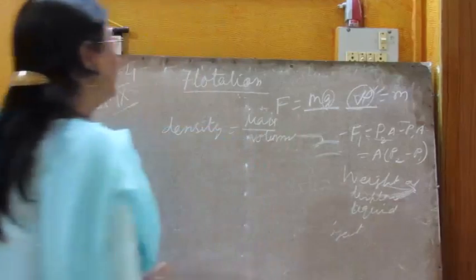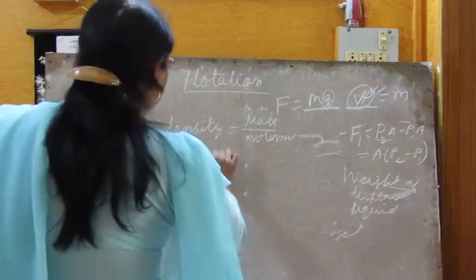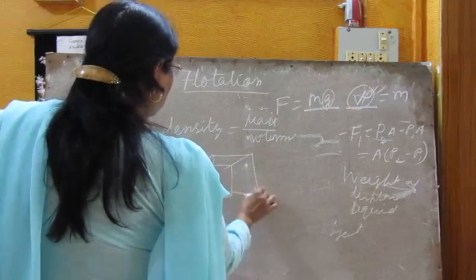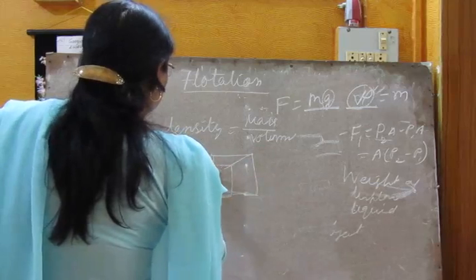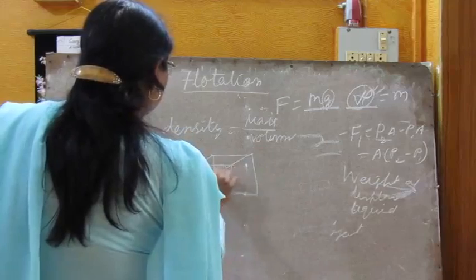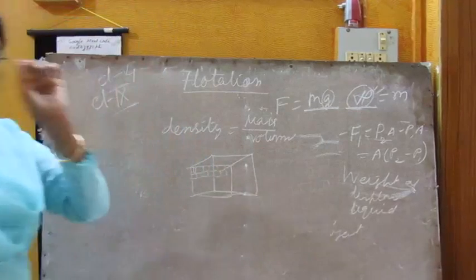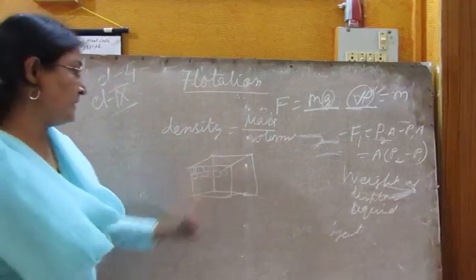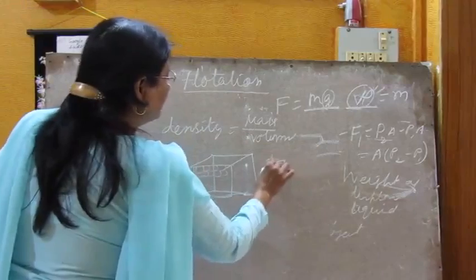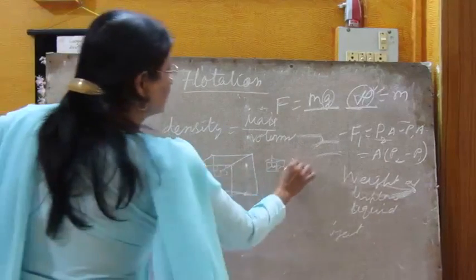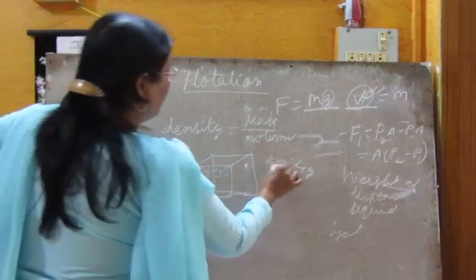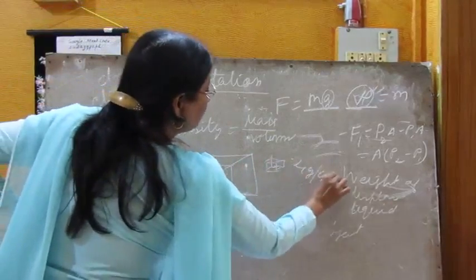If I take a block of, suppose, iron or whatever else, and make small units of 1 centimeter cube, and take the mass of 1 centimeter cube of the block, suppose it is 4 gram, then it is 4 gram per 1 centimeter cube. Why 1 centimeter cube?